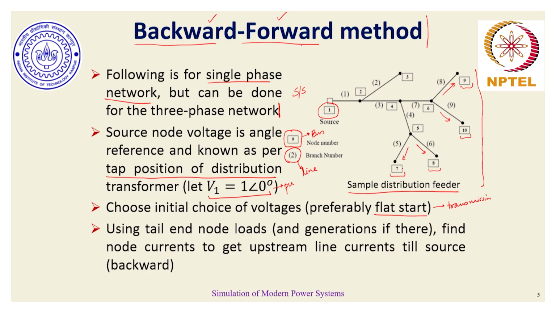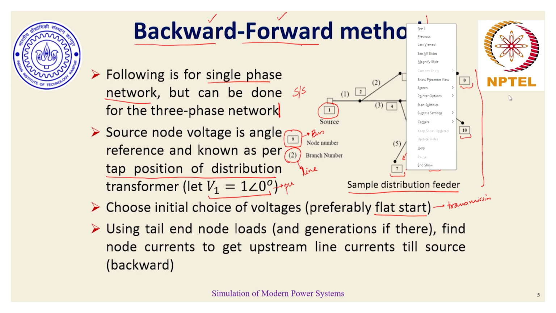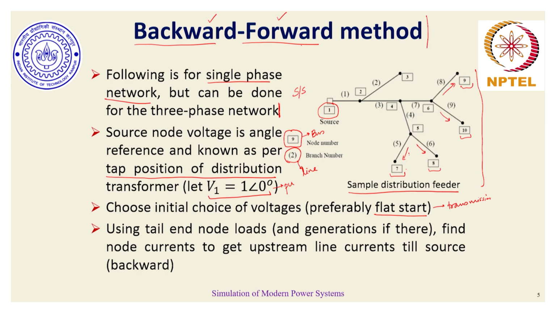So we find the current at the farthest end node and use that current to find the corresponding branch current. Once we know the branch current, the same exercise is applied to bus number 5. Using this current and the outgoing currents, we are able to find the current on branch number 4, and we keep on doing so till we reach the branch number 1 current, which is based on the voltage source that has been chosen here. So once we get to know the currents from the far end to the source end, it's now time to update the voltages based on the currents that we have obtained.